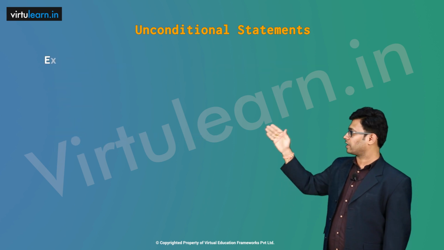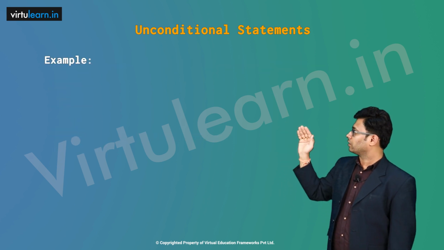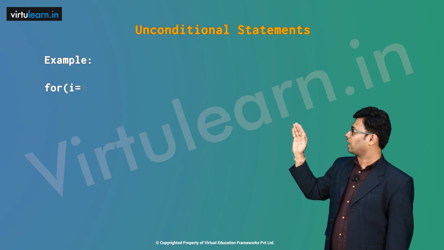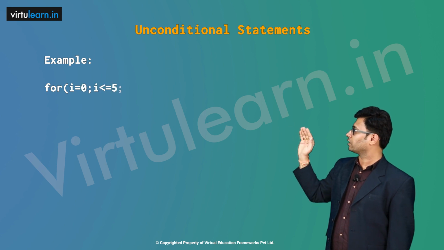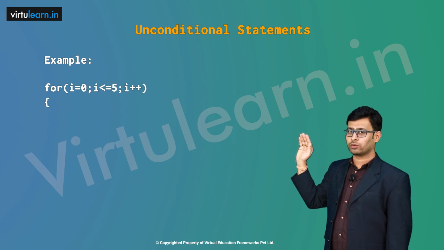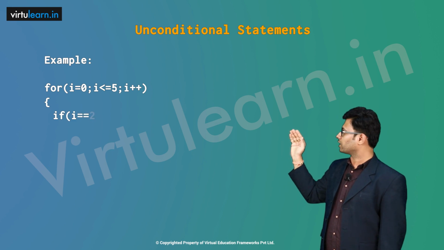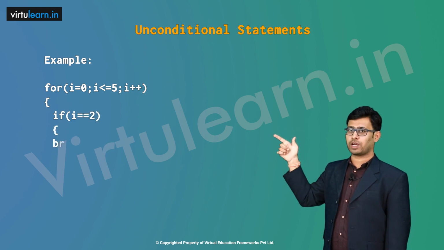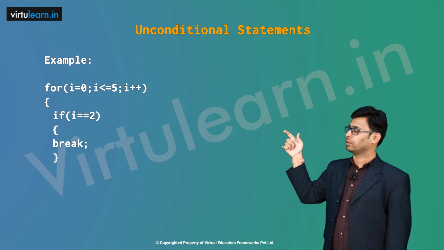Now let us see this example. For i equal to 0, i less than or equal to 5, i plus plus. This for loop I will be explaining immediately.